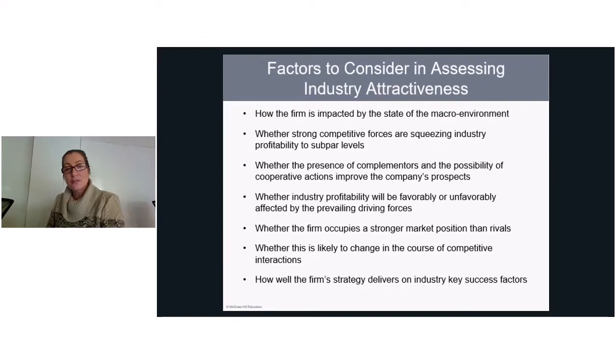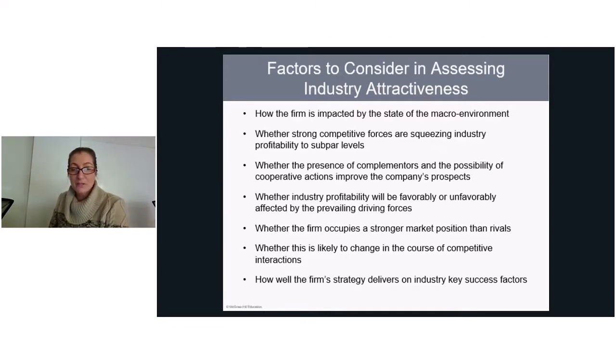So factors to consider in assessing industry attractiveness: how the firm is impacted by the state of the environmental forces, whether strong competitive forces are squeezing the industry profitability to subpar levels. So the first point is about the macro environment, the second point is about the industry. Do you want to be in that industry? Whether the presence of complementors and the possibility of cooperative actions improve the company's prospects.